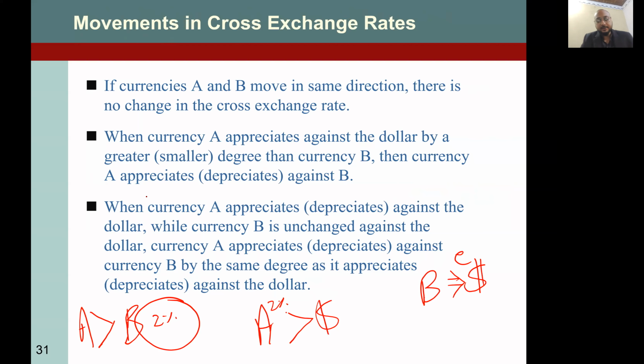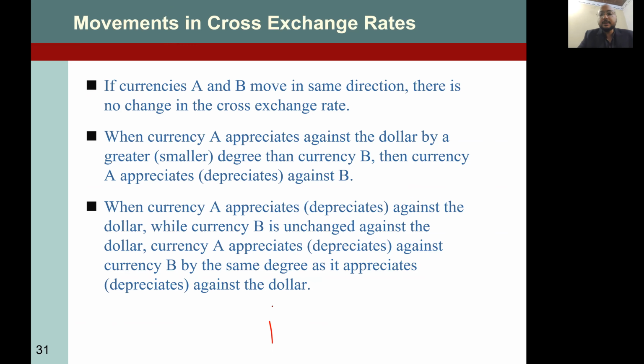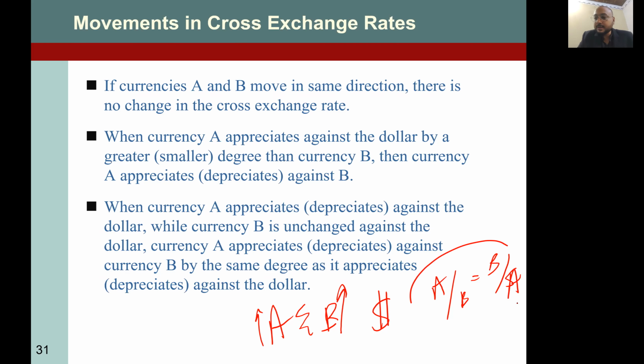Again, let me read that. When currencies A and B move in the same direction with the dollar, both appreciate against the dollar, the A by B or B by A cross exchange rate is not appreciating or depreciating, it remains.